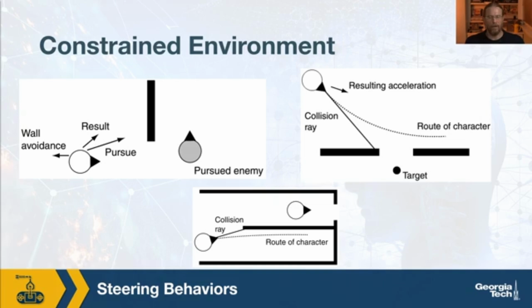Along the normal of that collision point on the wall, we'll define an offset for wall avoidance, and the agent will need to be steering towards that. So what will happen is the agent is starting to turn towards the enemy, but then the wall suddenly gets in the way, and then it turns away in a big circle, not a very efficient route. Instead, what really should happen is the agent understands that the wall is there and steers such that it can go around the wall and follow the enemy. But with simple steering behavior additive blending, that's not going to happen.